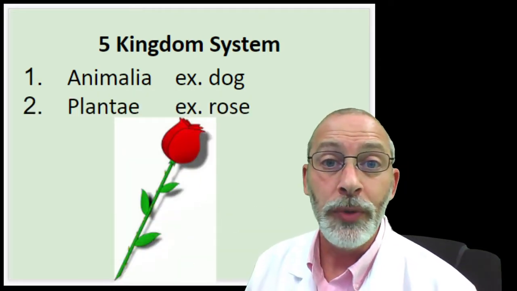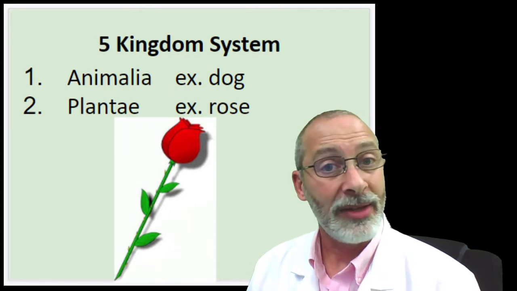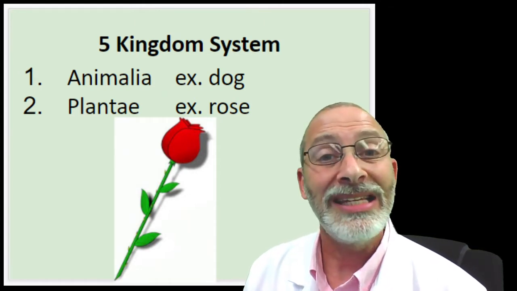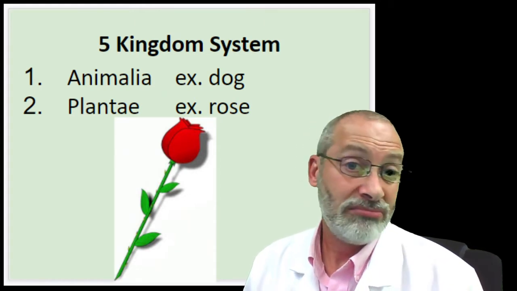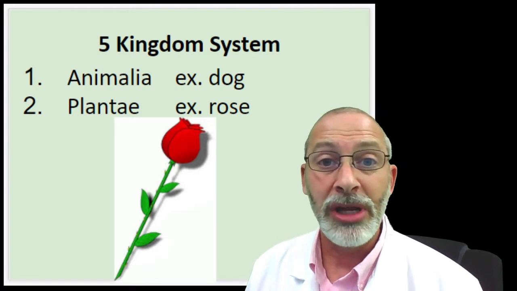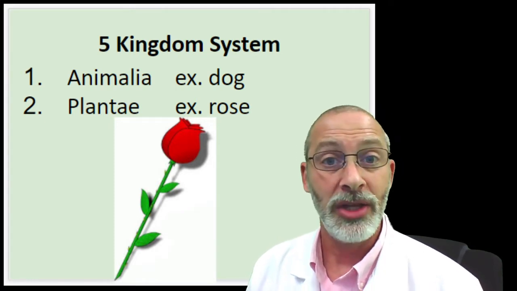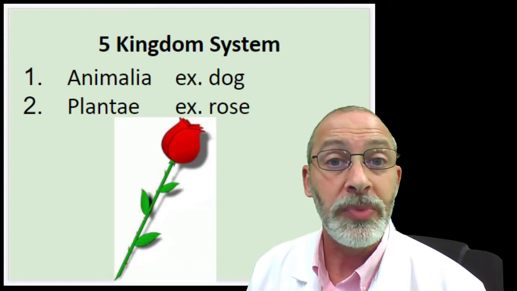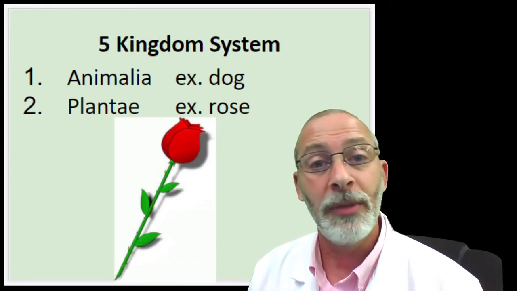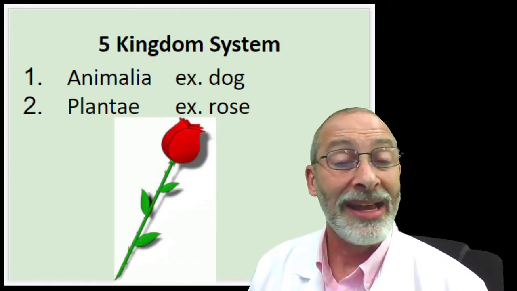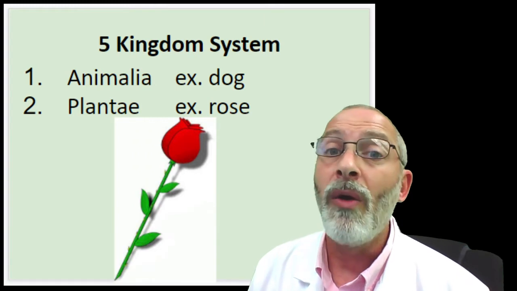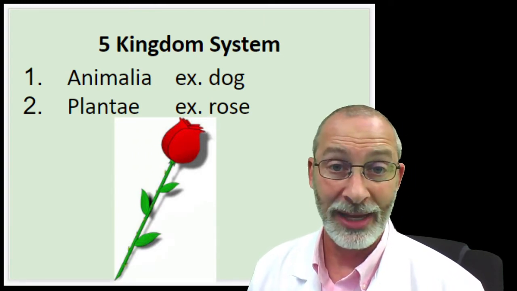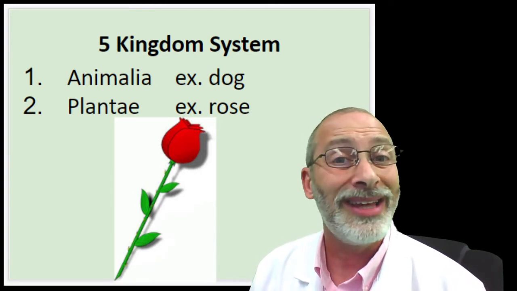Kingdom number 2 are the plants in kingdom Plantae. Now, at this time, we're in full agreement with Aristotle and his 2 different groups of living things, the animals and the plants. Kingdom Plantae can include a whole variety of plants, as we will discover in greater detail.